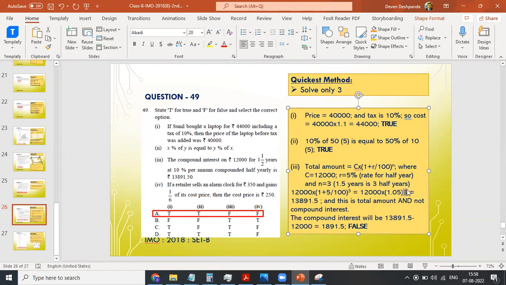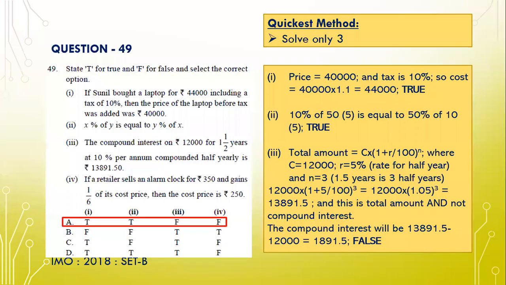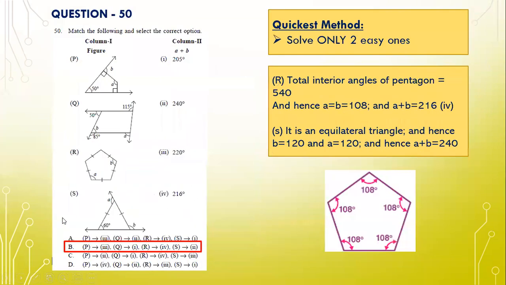So it is basically 13,891.5, and this is the total amount. It is not just the compound interest. It is the total amount, and hence 3 is false. So true, true, and false. The only option with true, true, and false is option A. So option A is the correct answer.